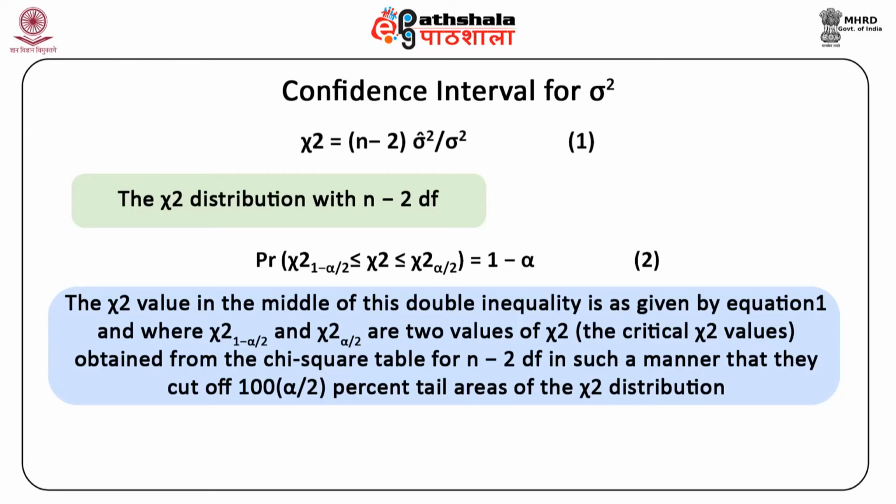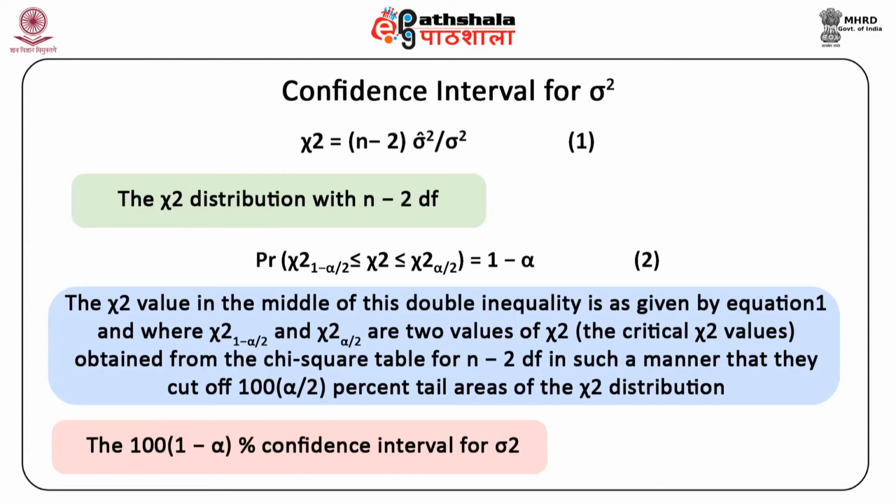Now substituting chi-square from 1 into 2 and rearranging the terms, we obtain the 100 into 1 minus alpha percent confidence interval for sigma square.